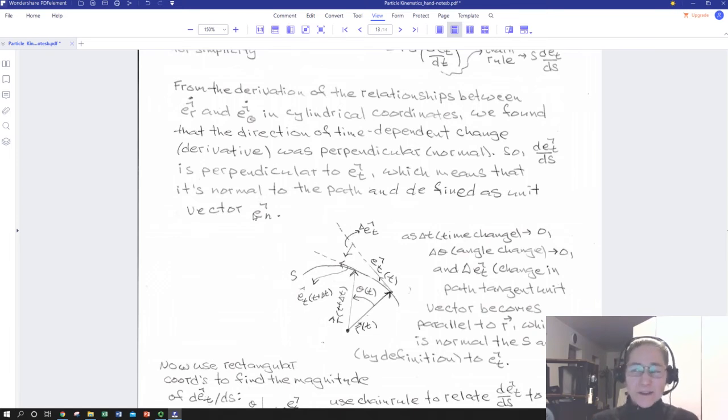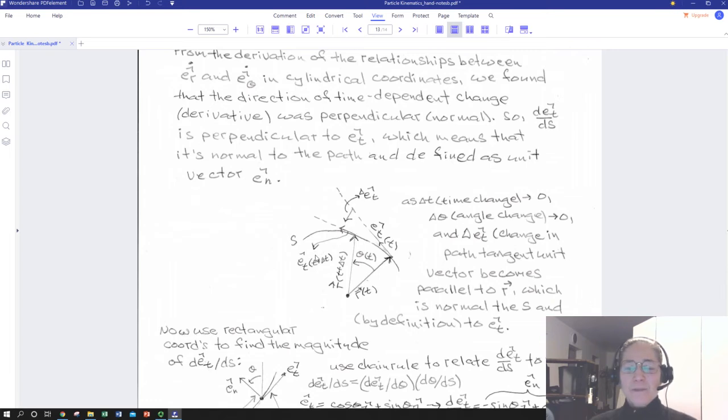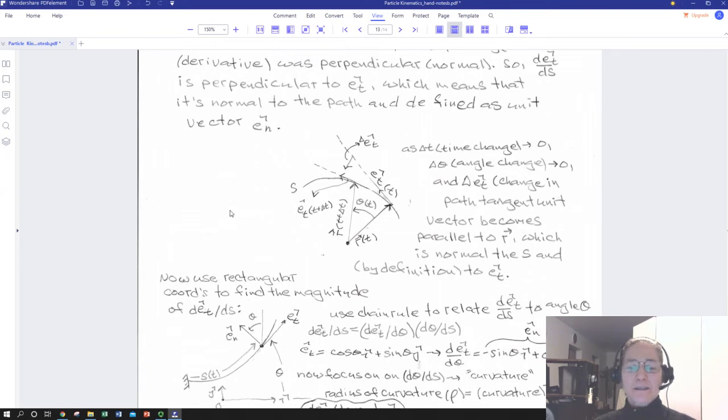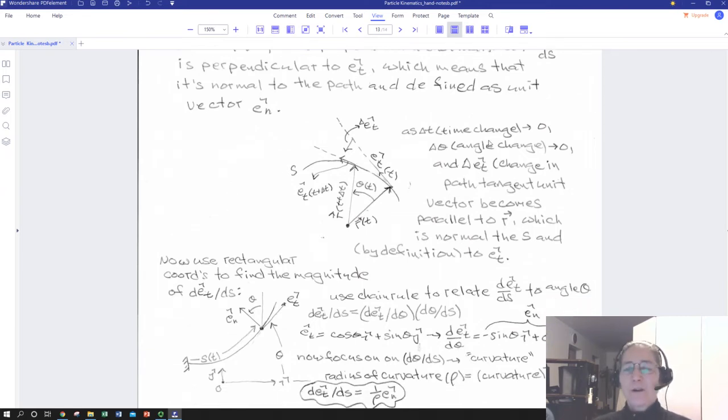So it's like a little traveling coordinate system that goes along the path. And the normal and tangent vectors are always pointing in a different direction, but they're always perpendicular to each other, and they define the other's direction of change. So we have that same kind of mutuality that we did in cylindrical coordinates. So as time change goes to 0 and our angle changes here, our change in our tangent unit vectors becomes parallel to the radius at that point, which is our normal vector.